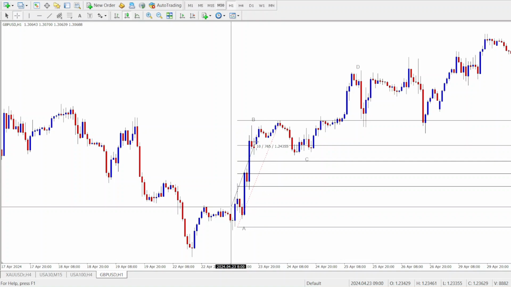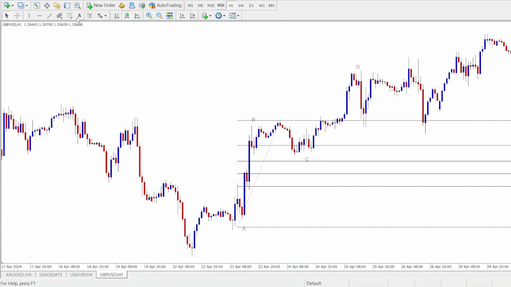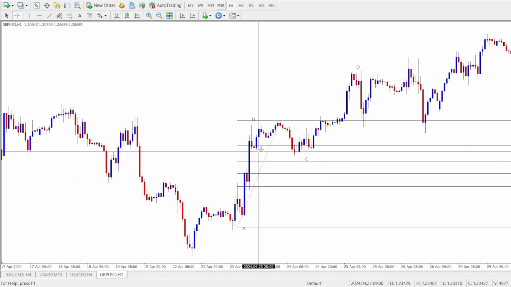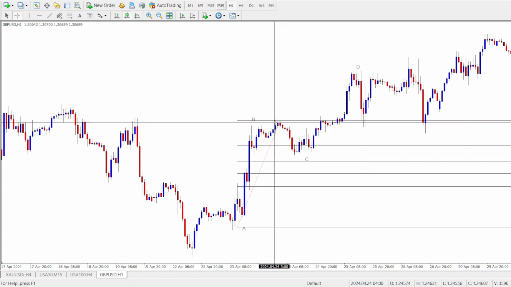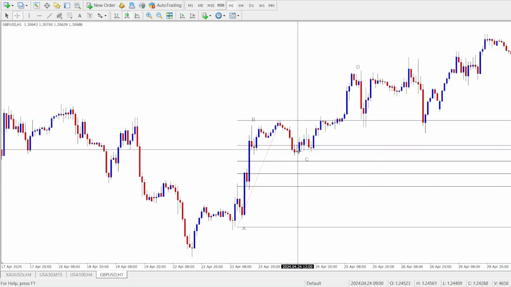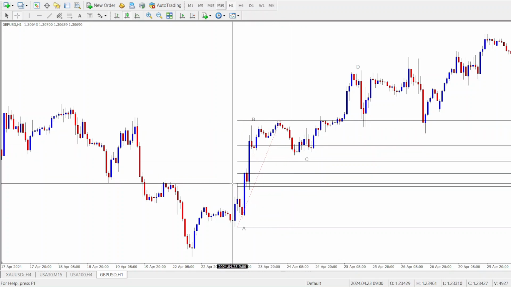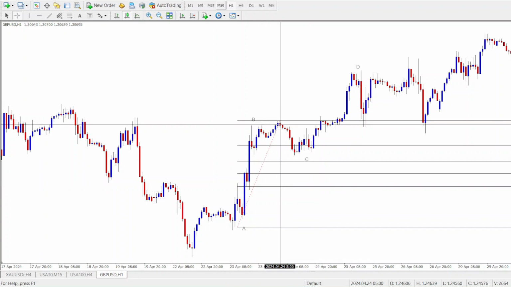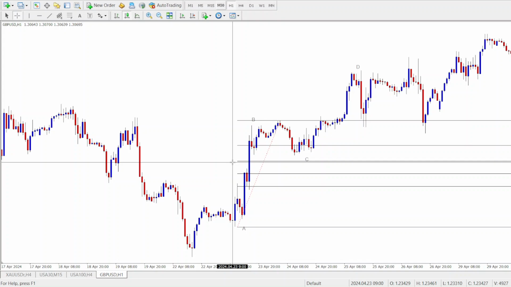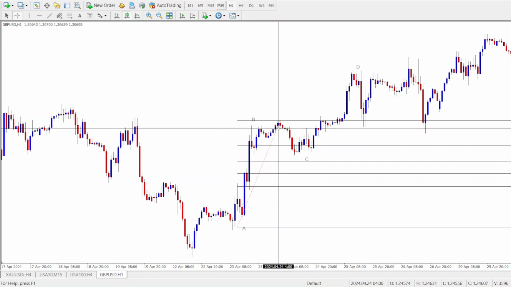Like we can see from here to here, let us start from here. This was 9 o'clock, because this was actually the highest point of B before the retracement started. So this was from 9 o'clock to 5 o'clock the next day, right?